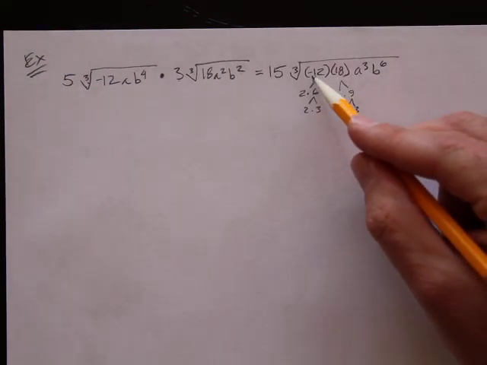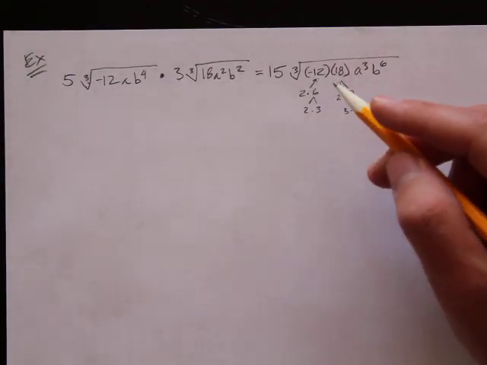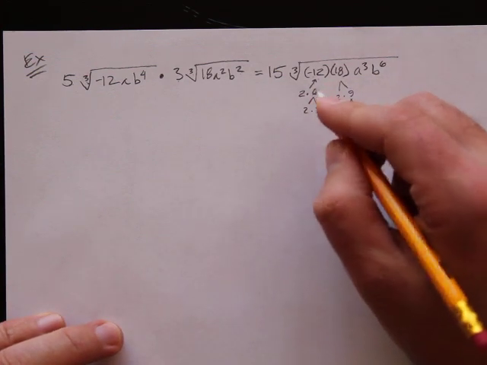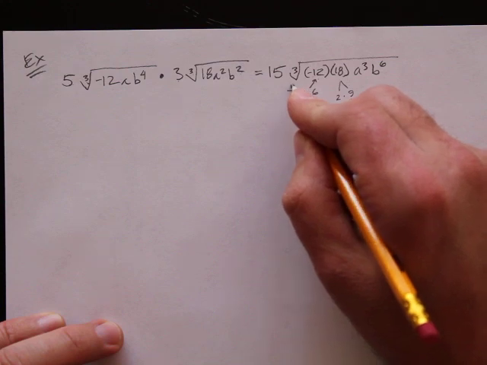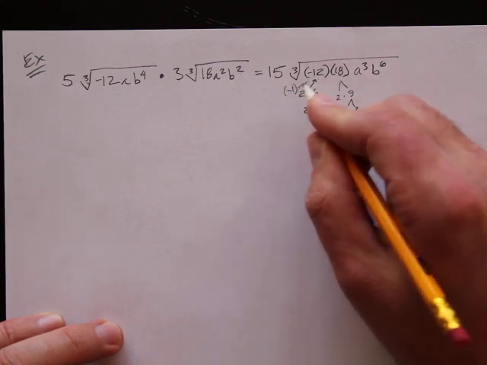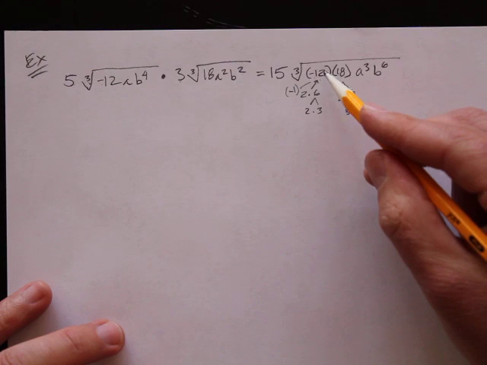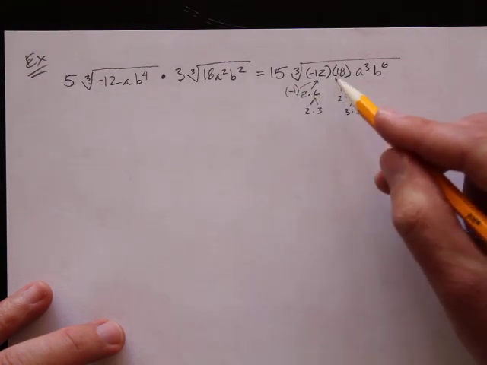And I've got this negative 1 here as well that I need to write as part of my factorization. So I'm also going to put a negative 1 right here. Anytime there's a negative, make sure you include a negative 1 in this mess.